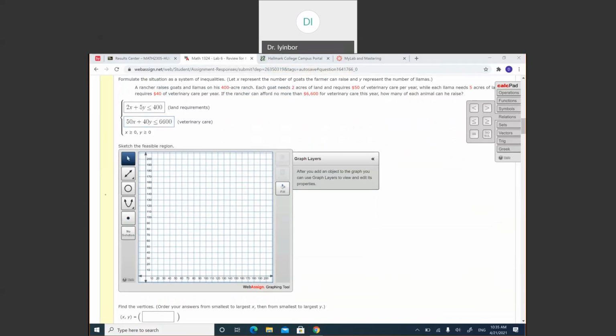So for the first inequality, I need to pick 2 points. I pick 0 for x. When x is 0, I'm solving the first one. When I replace x with 0, it's going to be 5y equals 400. Then divide by 5. When I divide 400 by 5, it's going to be 80.